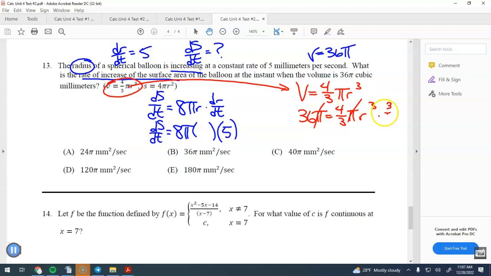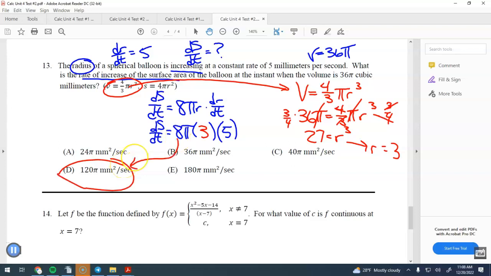I think I'd multiply both sides by 3/4 because those would cancel now. 3/4 of 36 is 27, and that equals r cubed, which tells me that r equals 3, and then I can throw 3 back in there, and then multiply that all out. So I would do 8 times 5 is 40 times 3, so I get 120.